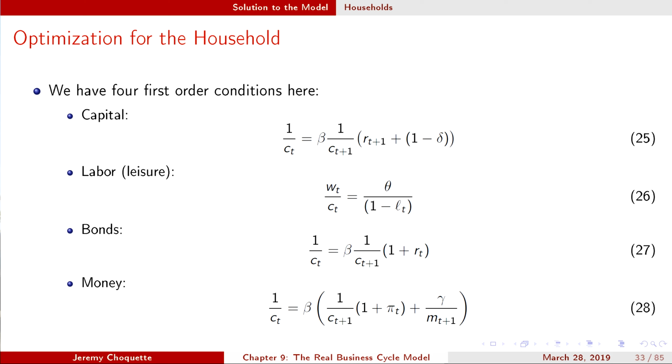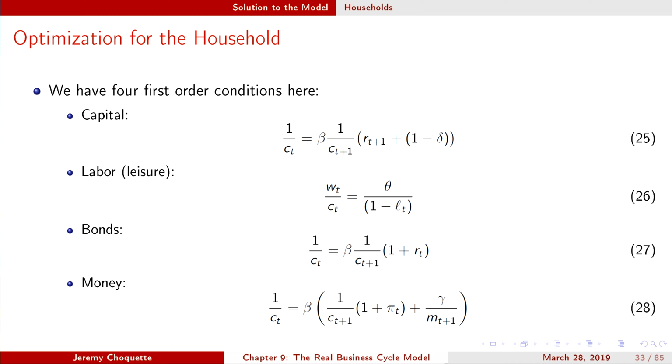This is basically an Euler equation, only it's for money rather than other stuff. So we've got 1 over C_t equals beta times all the stuff in the parentheses, 1 over C_{t+1} times 1 plus the inflation rate plus gamma over M_{t+1}. So this is explaining the flow of consumption along the axis of money.